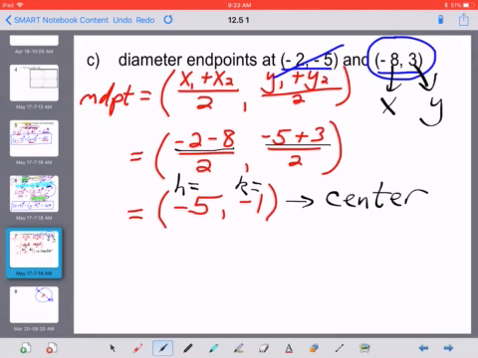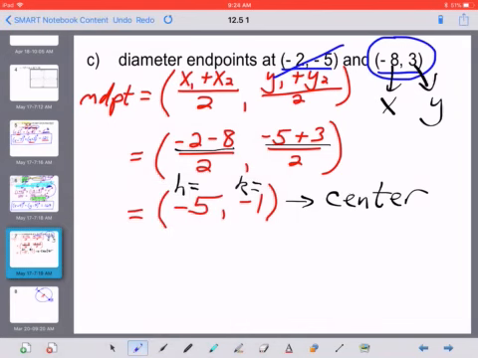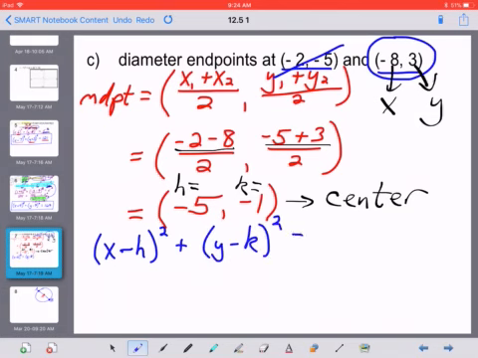All right, so with those 2 things in mind, let's go ahead and try to write out the equation of a circle in standard form. So the general equation, and until we know it, we better write this as much as we can: x minus h quantity squared plus y minus k quantity squared is equal to r squared. And just like in the last example, we don't know the value of r, so we fill in everything else.